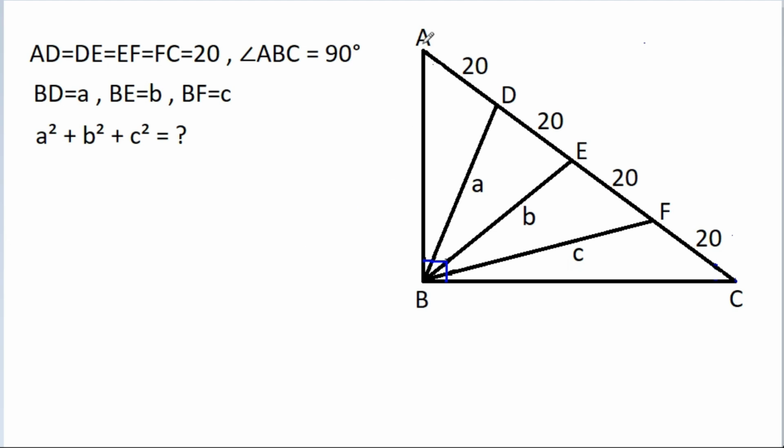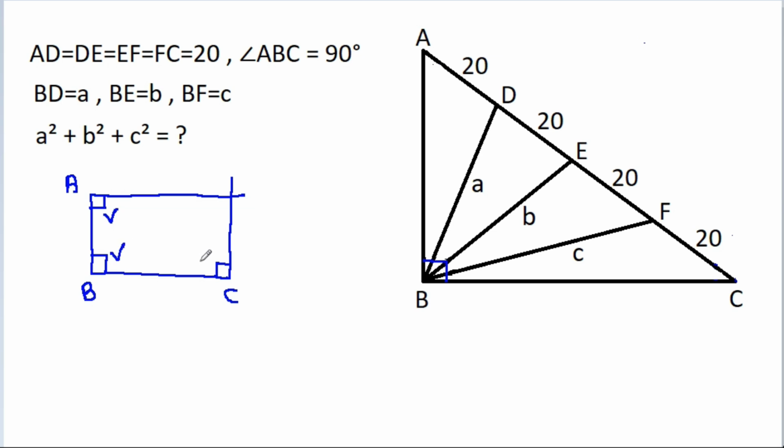So in triangle ABC, this angle is 90 degrees, and if we draw a perpendicular at A and a perpendicular at C, then these three angles are 90 degrees.